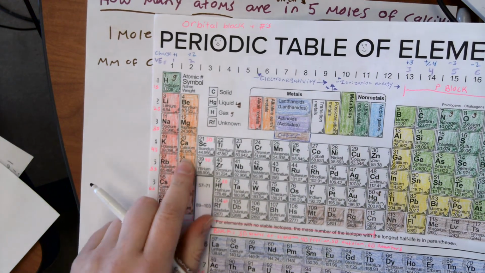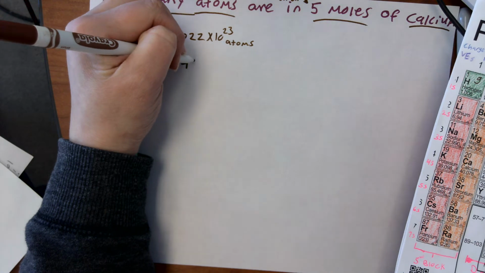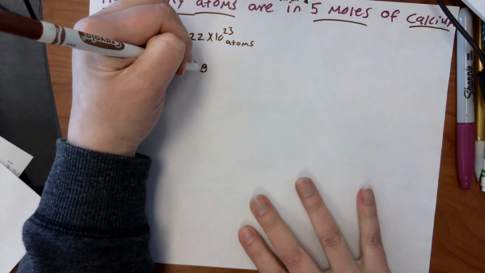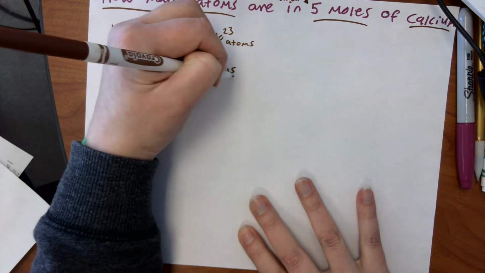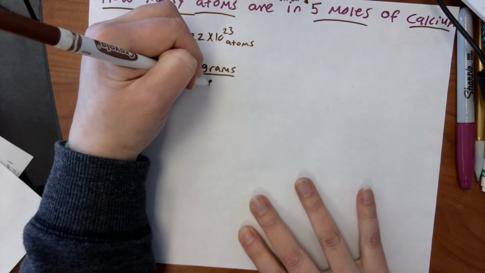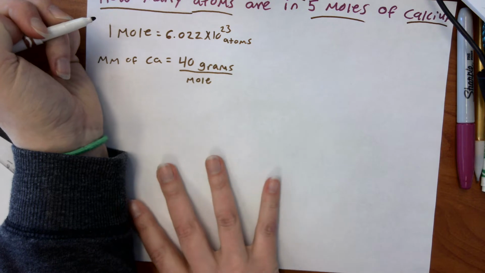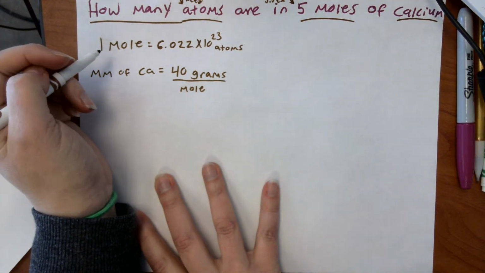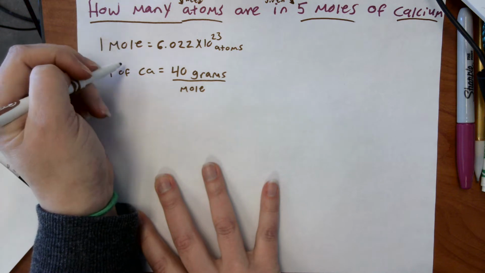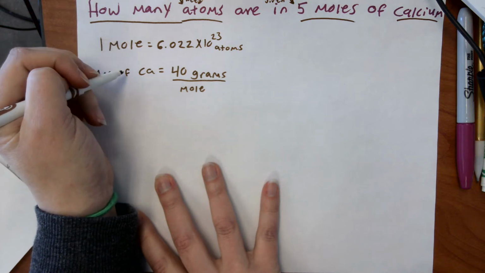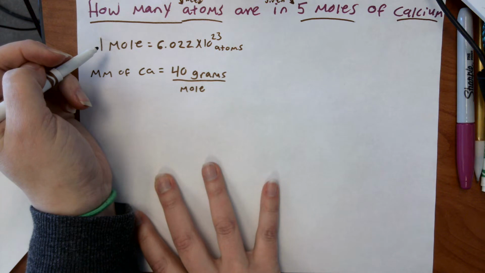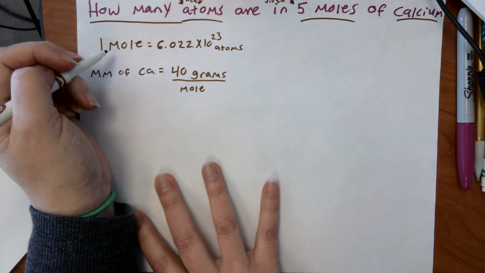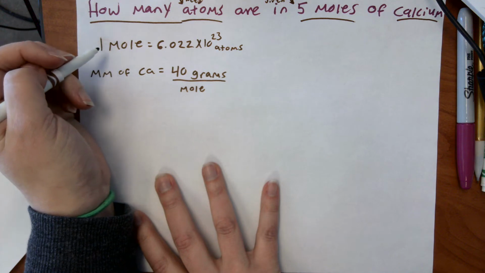The molar mass is 40, but then you need to put your units on there, which is grams per mole. And then once you write down those, you have to figure out which of these conversion factors you need. Do you need one, the other, or both?